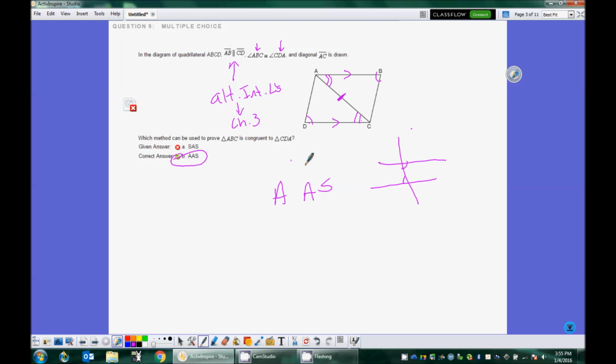That's why it's angle angle side and not angle side angle. Okay, so it's going to be angle angle side, not side angle side, because yes, this side is parallel, but I don't know its congruence. I'm looking for sides congruent, not just parallel.